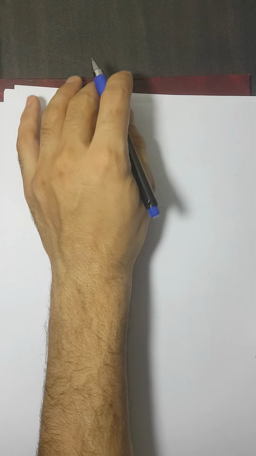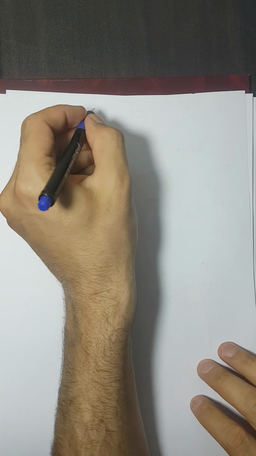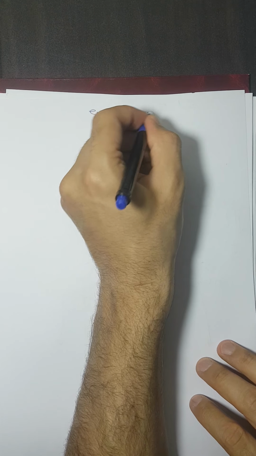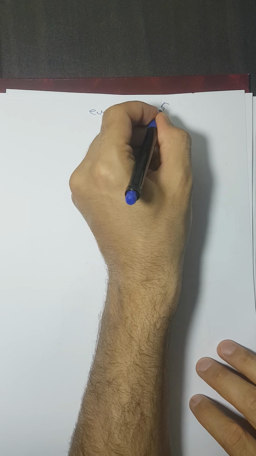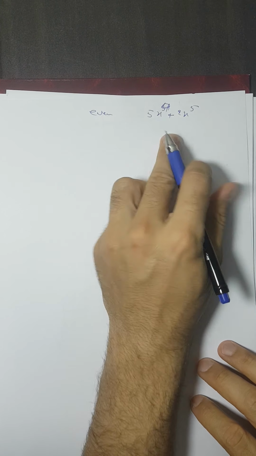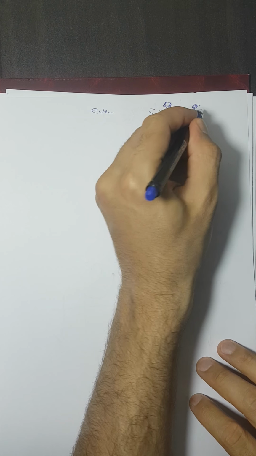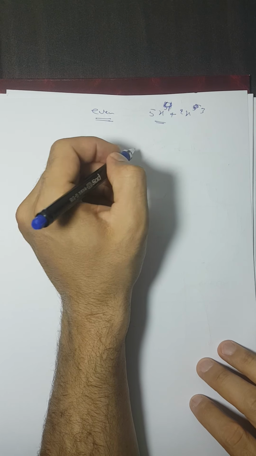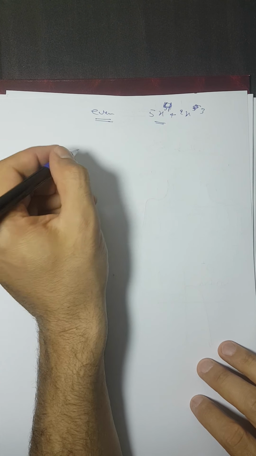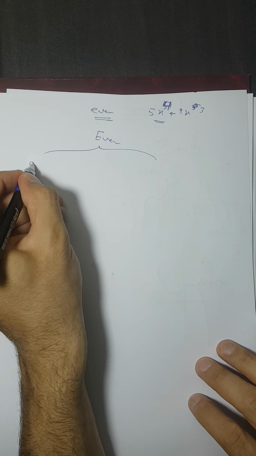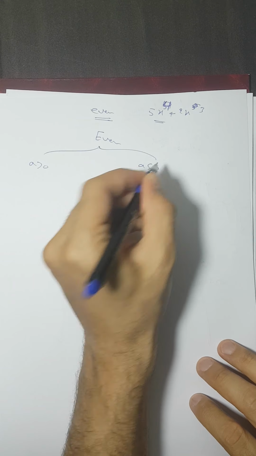For the second part, if we have even degree, like 5x to power 4 plus 2x minus 3, because the power is even, of course the leading coefficient may be positive or negative.